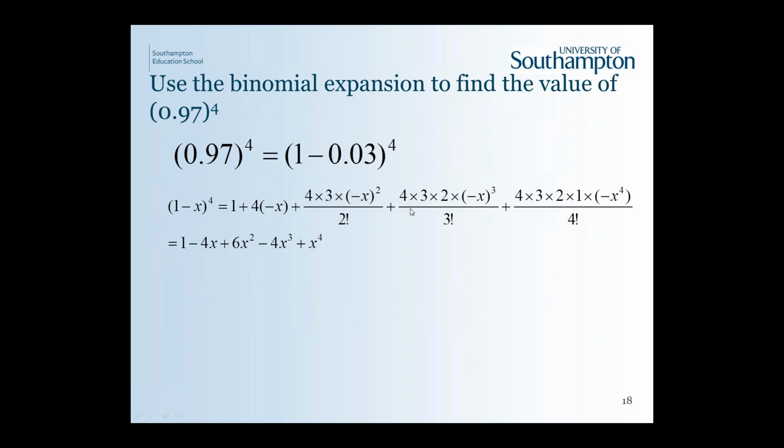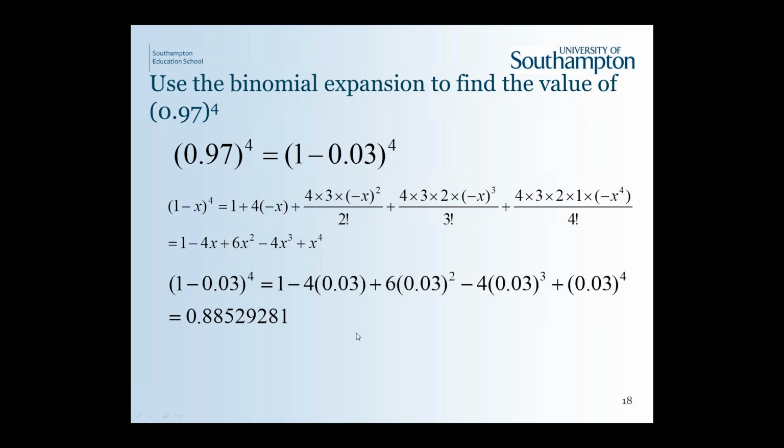So if we think about 1 minus x to the power of 4 and expand that to get its binomial expansion, we know that x is 0.03. Much easier to put this into there and do 0.03. I mean, I say much easier, obviously there's still some time taken with doing these ones.